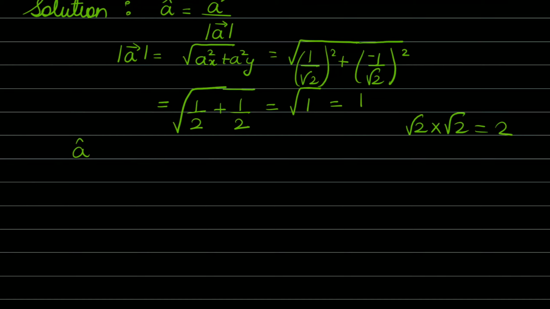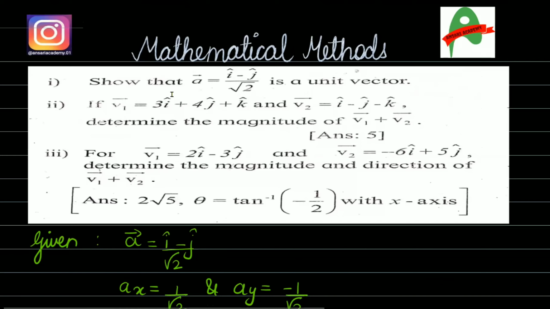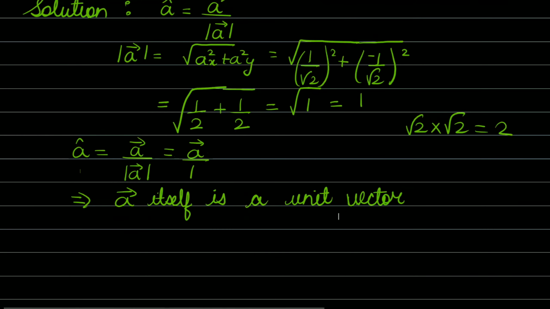So A cap equals A vector divided by the magnitude of A, which is A vector divided by 1. This implies that A vector itself is a unit vector. This is what we had to show. It was given in our question to show that A vector is a unit vector, so the unit vector A cap is equal to A vector.